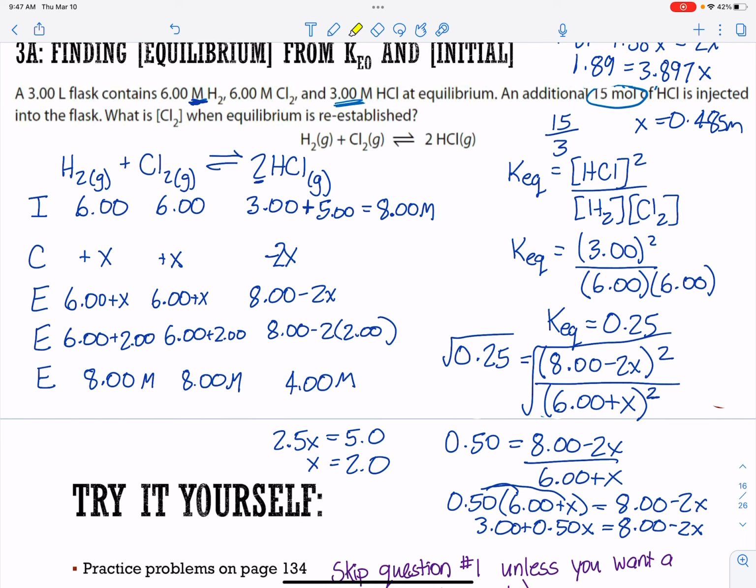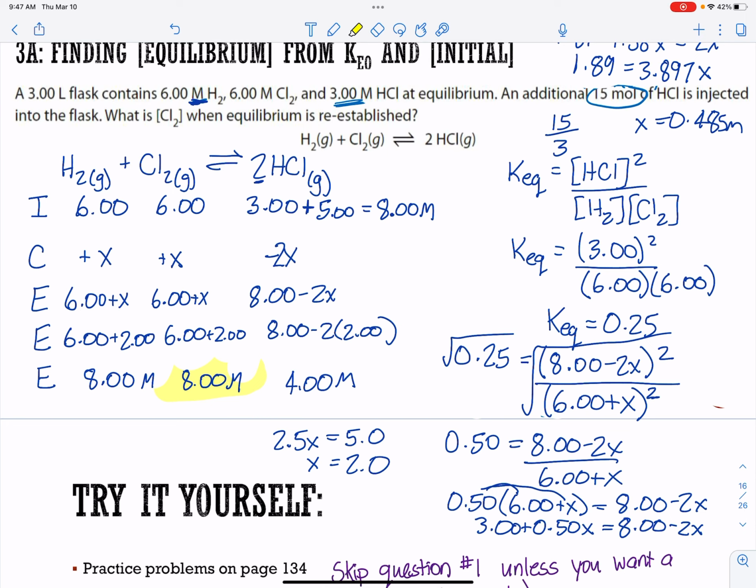The one that we're asked to solve for is the concentration of Cl2. So I'll give that a highlight and make it easier for my teacher to mark it. So there you go, a little bit of math. Takes us about half a page to solve, but definitely within the realm of solvability at this point.